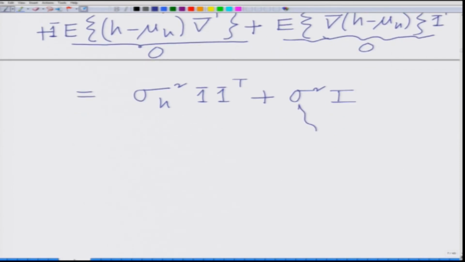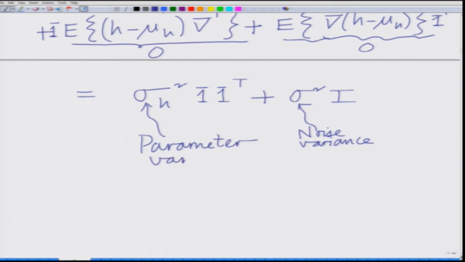Sigma h squared is the prior variance of the Gaussian parameter. So, this is my R y y, which is the observation covariance.